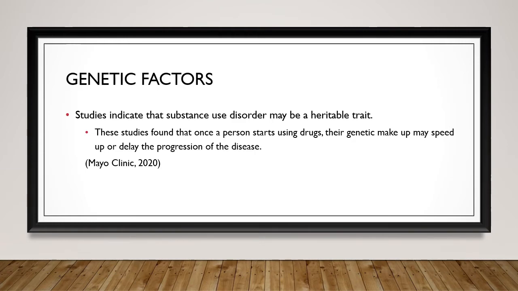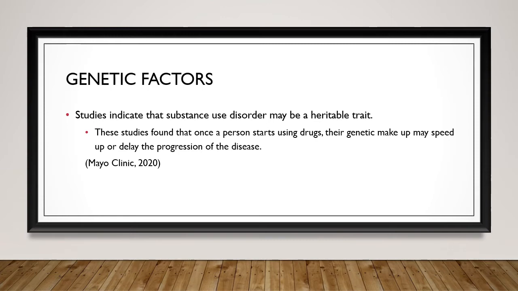So these studies found that once a person starts using drugs, their genetic makeup may actually speed up or delay the progression of the disease. This means that based off of what your genes tell your cells to do, what the genes are made out of, essentially, what is going on with your genes, what they're telling your body, that might cause somebody who has started using drugs to progress into substance use disorder really fast.